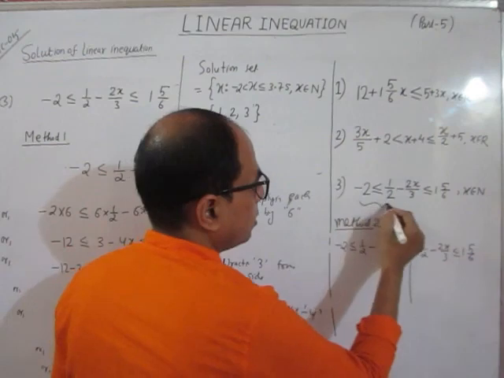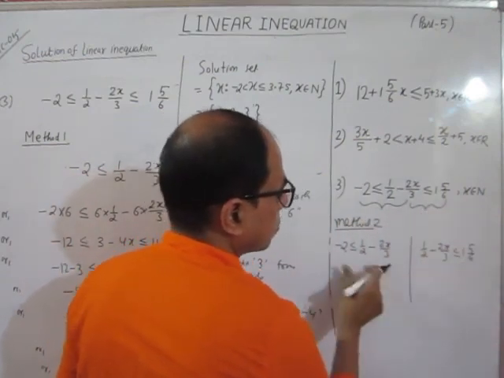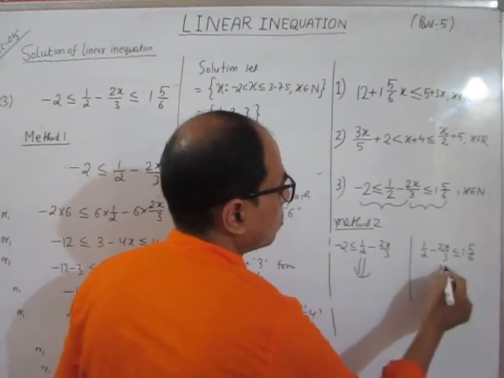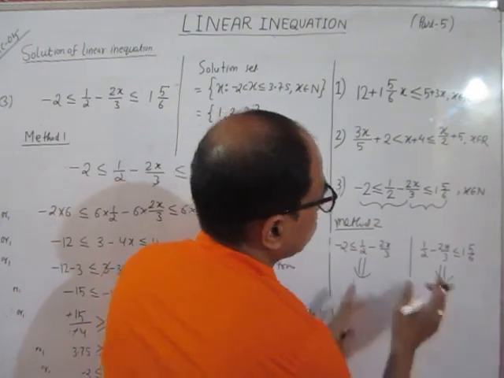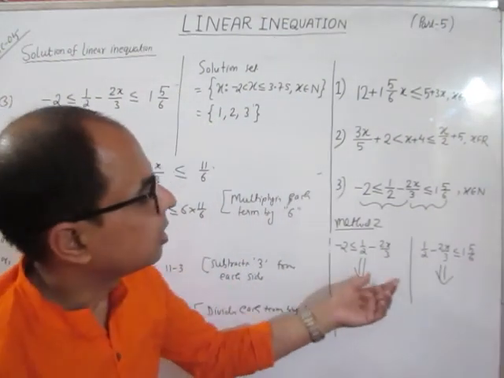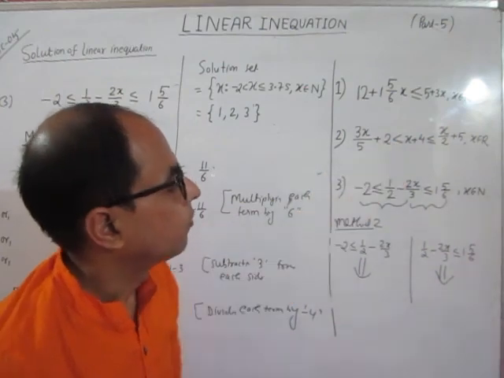From the left side it is one inequation, from the right side it is another inequation. Now solve this inequation, and here also solve this inequation, and take the common solution of these two. That means in the same way that I have solved question number 2.